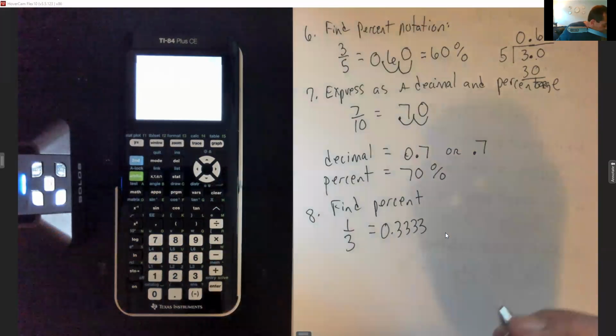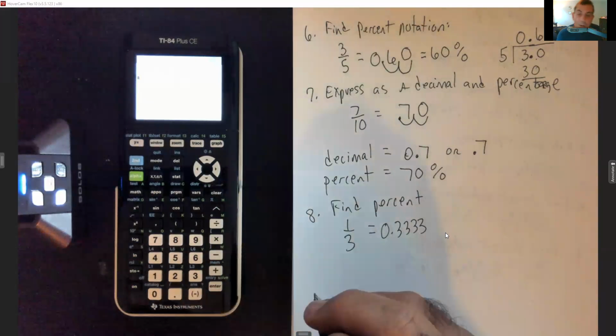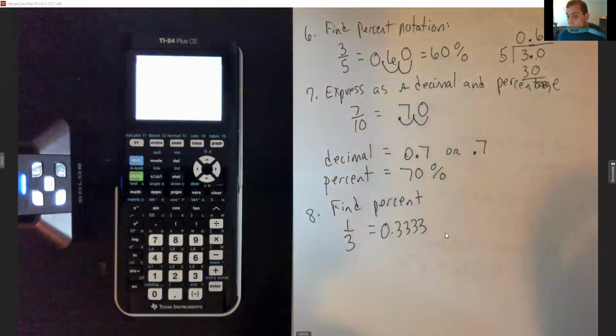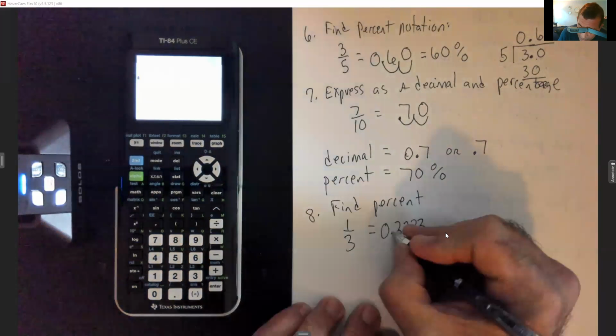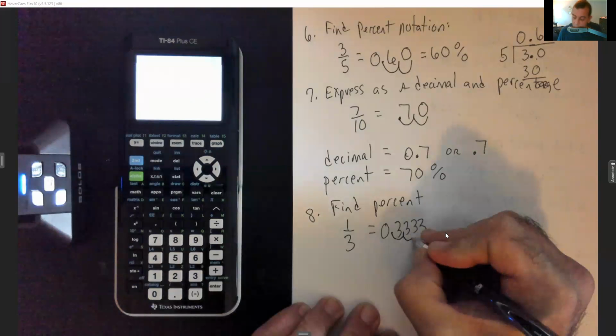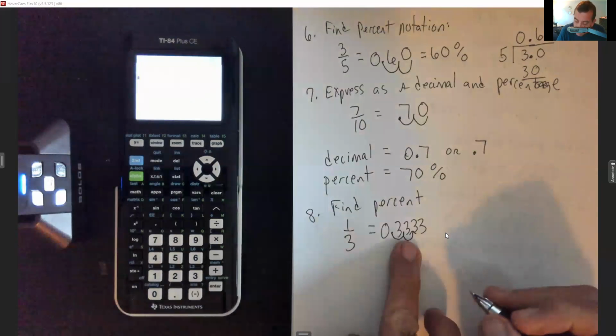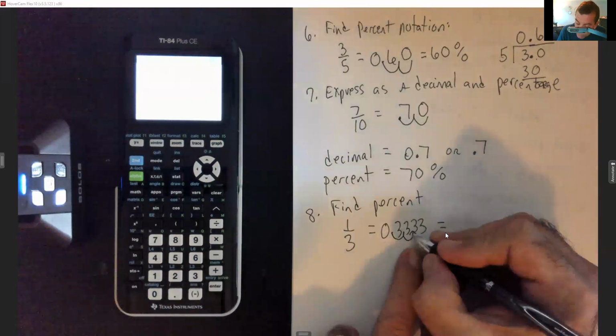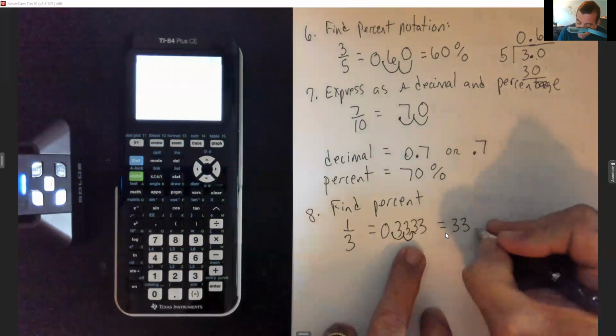But let's see, they want us to round this to the nearest tenth when we're done with our percent. So let me move this decimal once, twice. So it's going to be behind the second 3. So I'm going to have a 33 point.